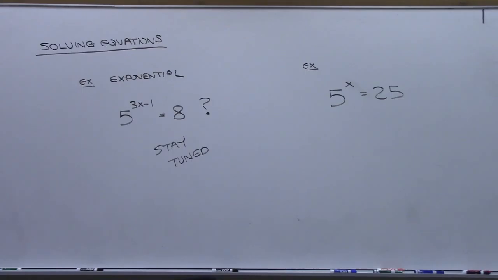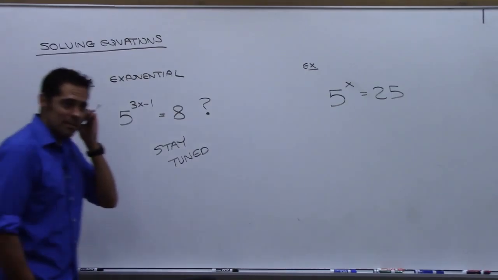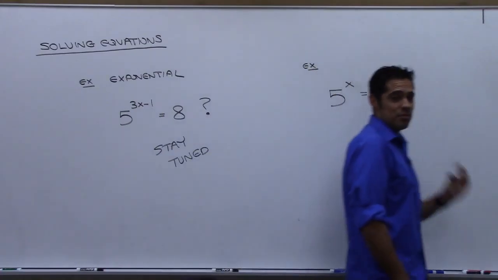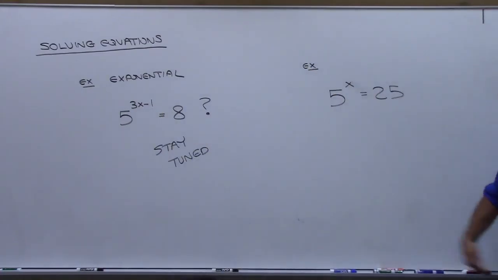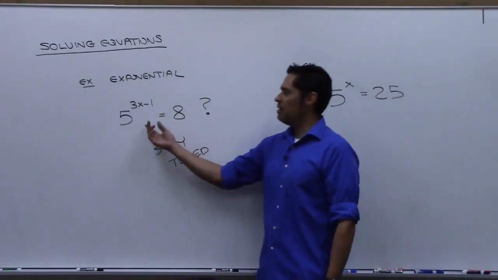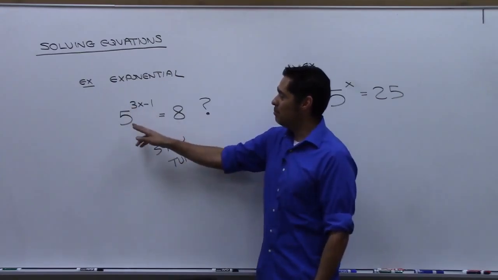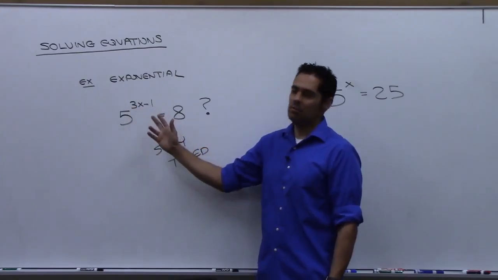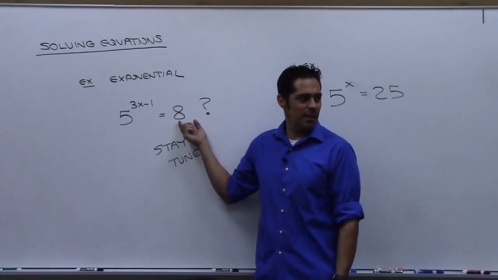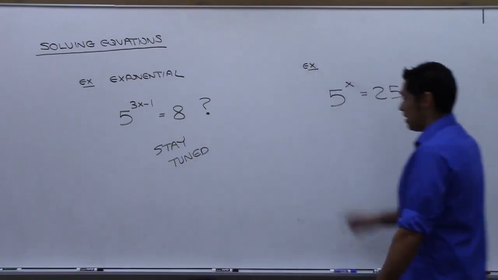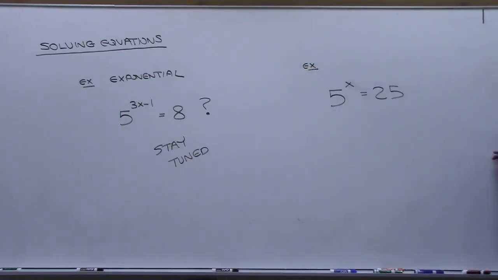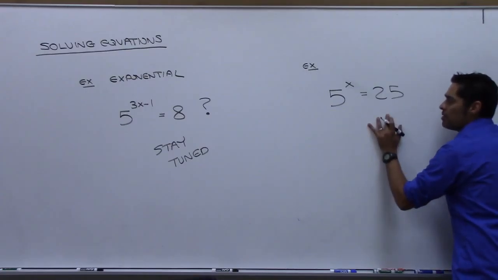Yep. We solved that by visual inspection, right? We all know if x is 2, that's true. Here, you can't tell me what x is, right? You can't even tell me what power to raise 5 to get 8, because you can't think of that, can you? But there will be an answer to that. So here, the answer is 2.